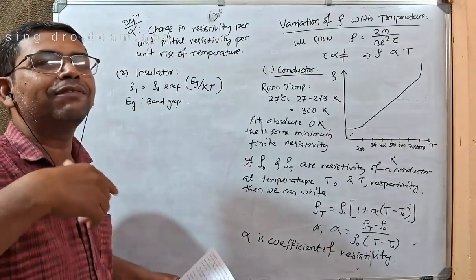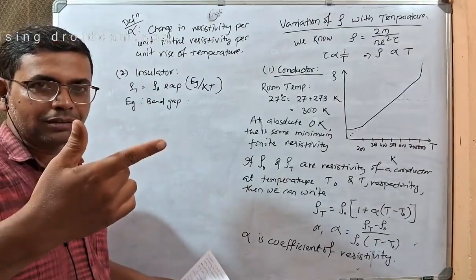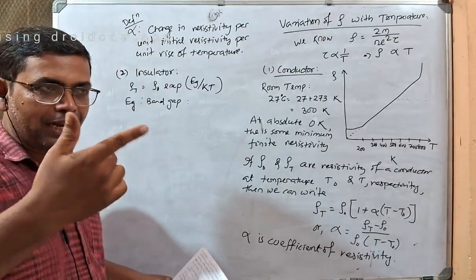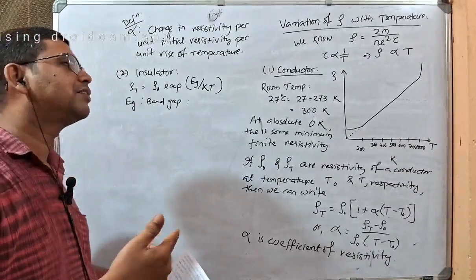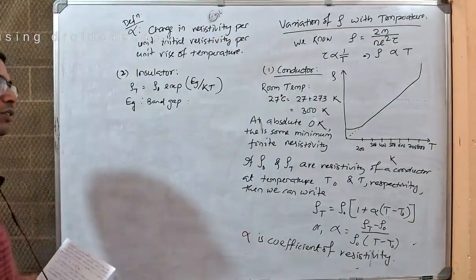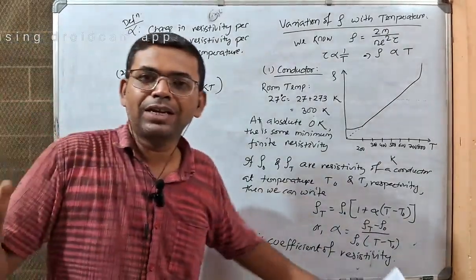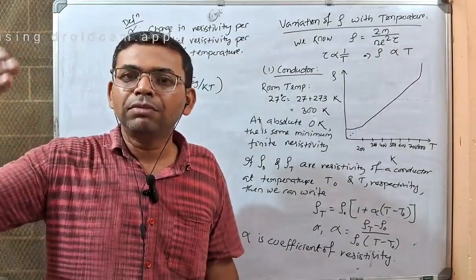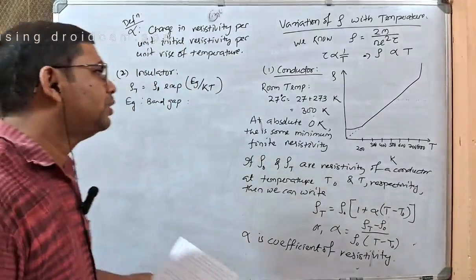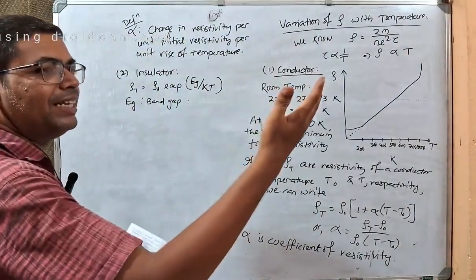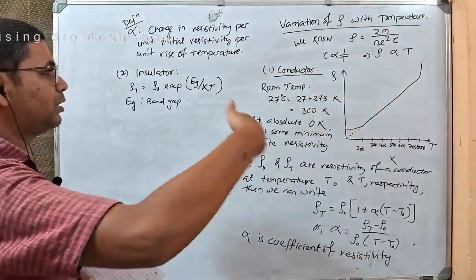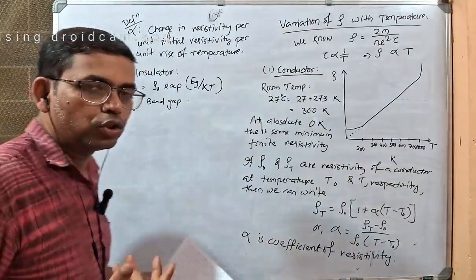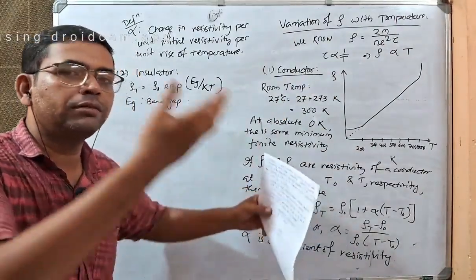Which electrons will get free? The valence electrons, the last shell electrons. They have some energy levels. When they get free, they try to conduct electricity.